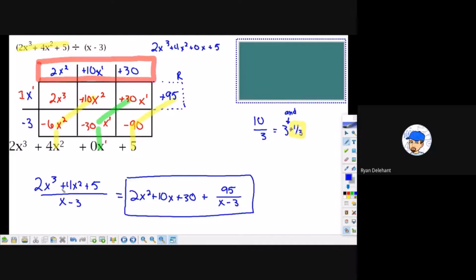Think about this like a rational function. The degree of the top is bigger than the bottom. That told us that its asymptote was slant, or polynomial. The equation that that graph has as an asymptote is that. You have to use polynomial division to find out what the actual equation of the asymptote would be.